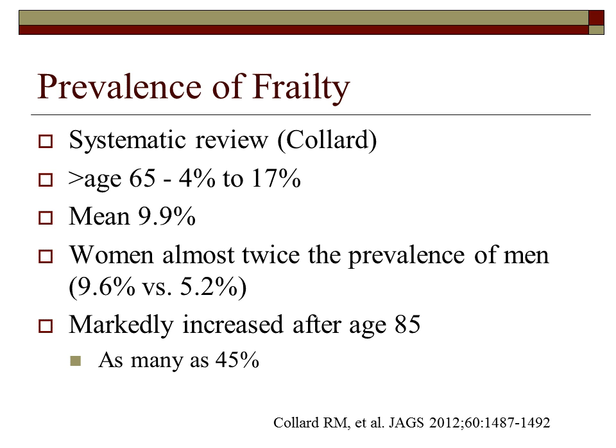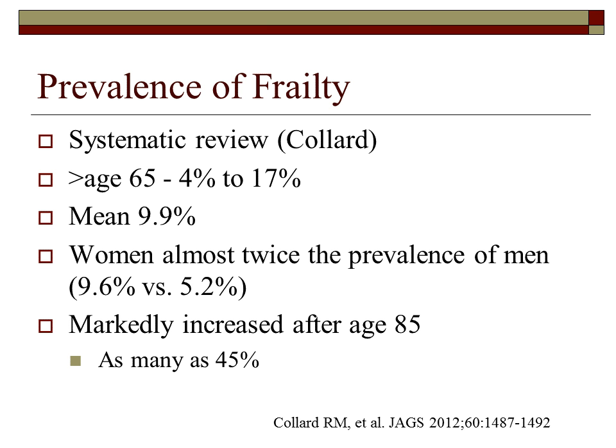So we know that frailty from a large number of studies is a pretty common condition. Prevalence means what percentage of the population out there have it right now. And Collard did a systematic review and found that in people over the age of 65, the prevalence of frailty ranged from 4% to 17% with a mean of about 10%.